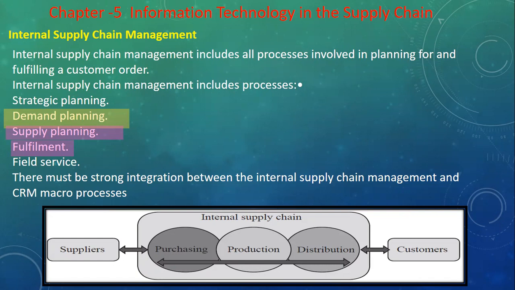There must be strong integration between internal supply chain management and the CRM microprocess. How has this been done? All these processes are managed in internal supply chain management, which comes under information technology software.